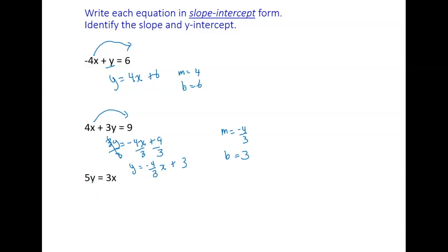Last one here. I don't have anything to bring over, but I do have to divide by 5 to get rid of it, right? So I got y equals 3x over 5. Now, my slope is the one attached to my x, so it's 3 over 5. My y-intercept, it's not nothing. Like it exists. It just happens to be 0, because if I had a plus 0 in here, I would simplify and just write it like 3x over 5, right?